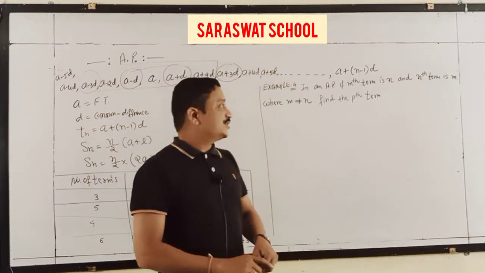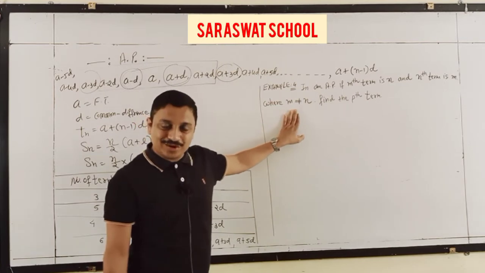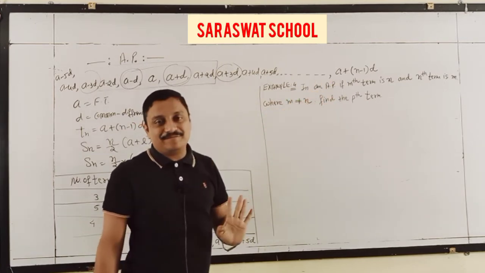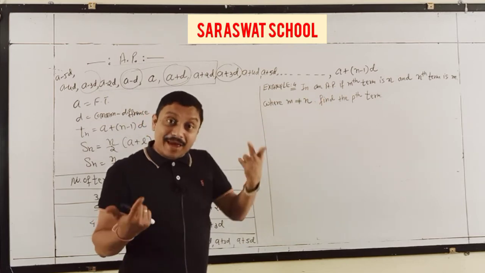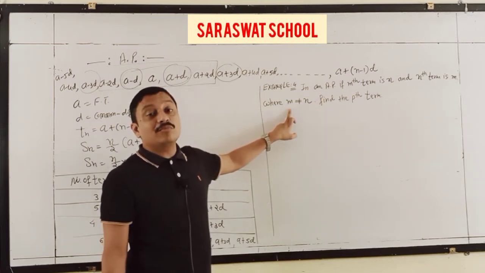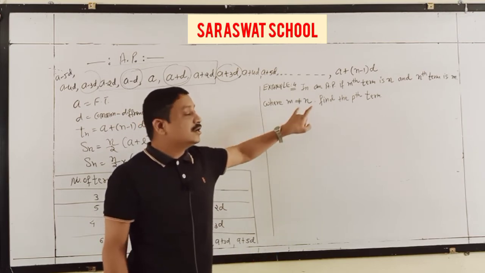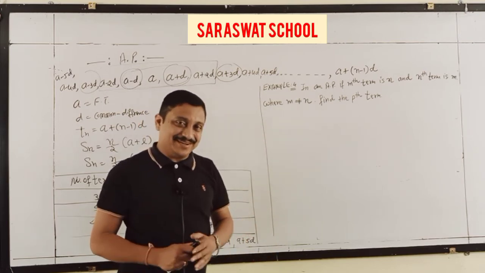Now students, we continue. First of all, example 4. In the given AP, the mth term is n and the nth term is m. Then find out what is the pth term. Are m and n not the same? Very easy.